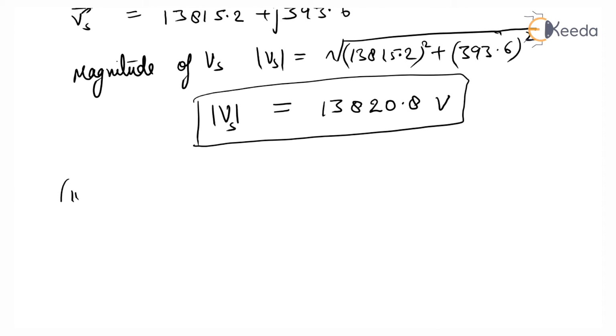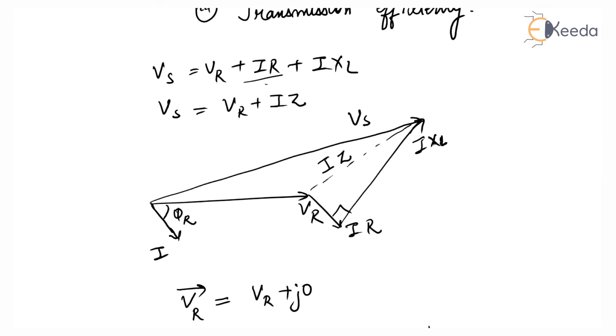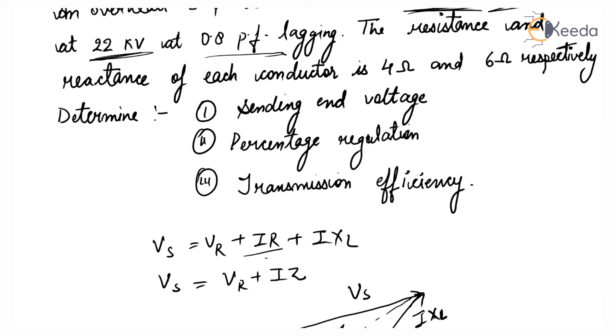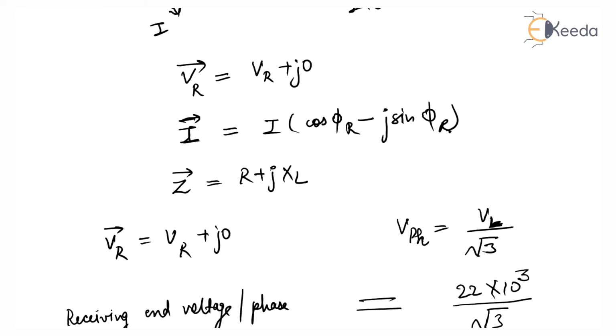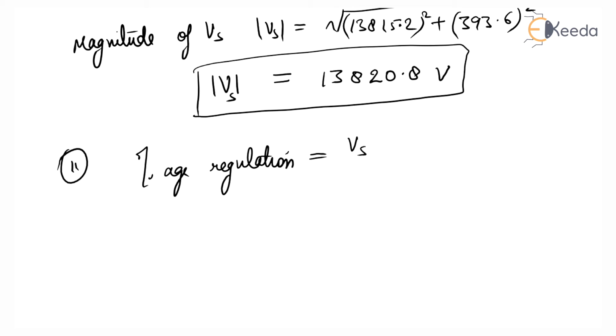Now second, after finding the sending end voltage, we need to find out the percentage regulation and transmission efficiency. We know percentage regulation is equals to Vs minus Vr upon Vr into 100.